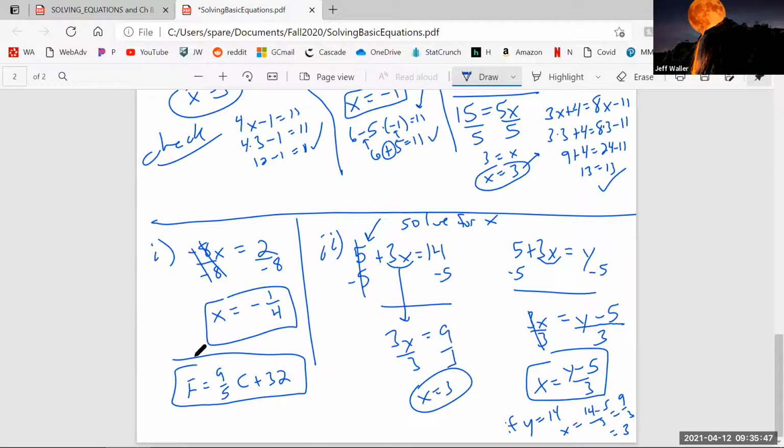Fahrenheit. Yeah. If I know Celsius, it will convert it to Fahrenheit. But we solved this equation for C. This is more useful if I know Fahrenheit and I want to convert it to Celsius. This is more useful the other way around.